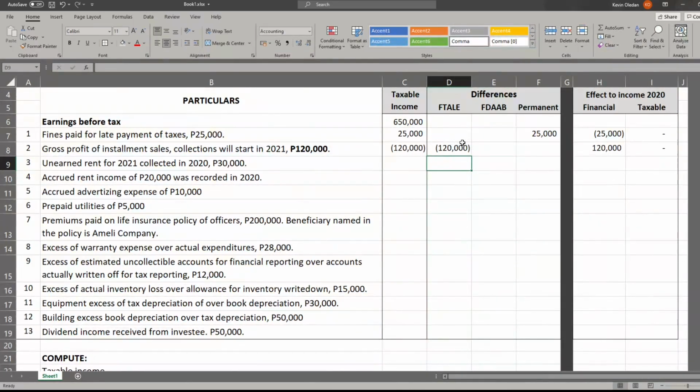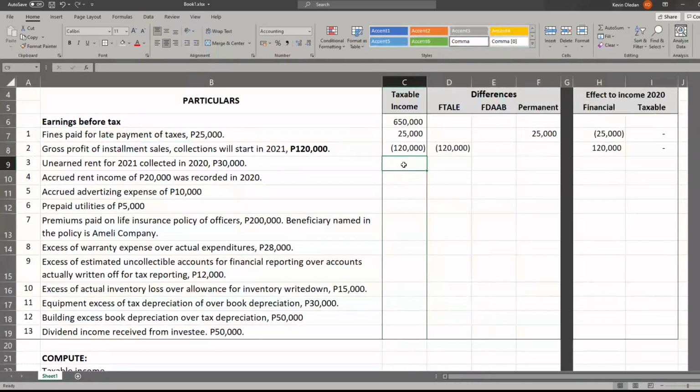Kasi hindi siya tinax ngayon, itatax siya later. Idideduct natin from earnings before tax kasi inadd mo yan to begin with. Naging part siya ng 650 when in fact it should not be when we are computing taxable. Zero dapat ang addition sa taxable. Now, I hope that went through with your cognition.